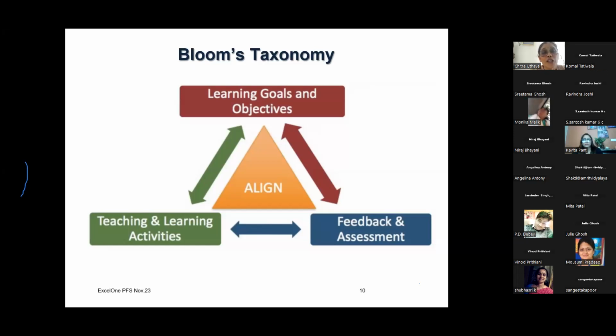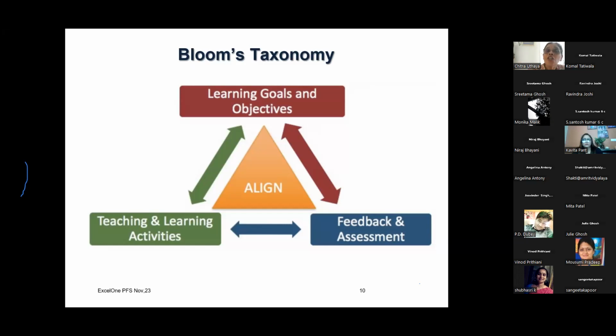That is, what are the objectives that you set? What are the teaching learning activities that you design? And how does this help in the assessment? And how does the assessment in itself give you feedback on whether you have achieved the learning outcomes?